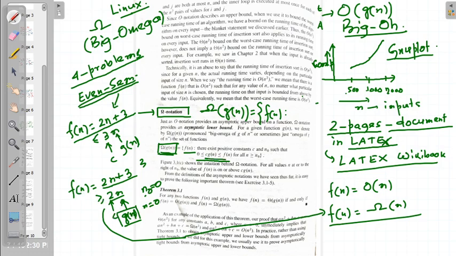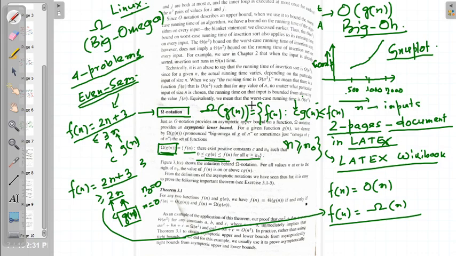That is the condition to be satisfied, for some positive constant c, and for all n greater than or equal to n naught. So this is the definition for omega.